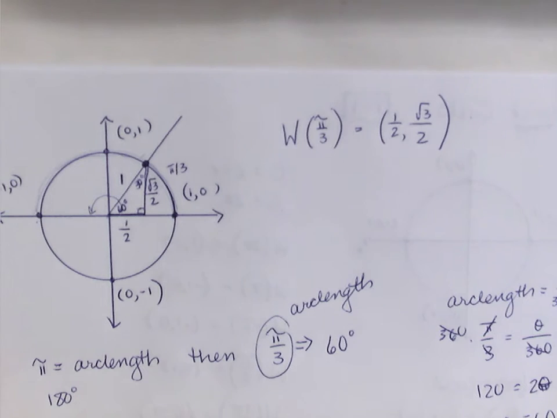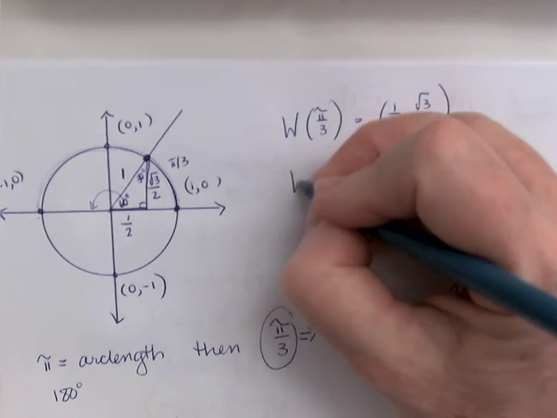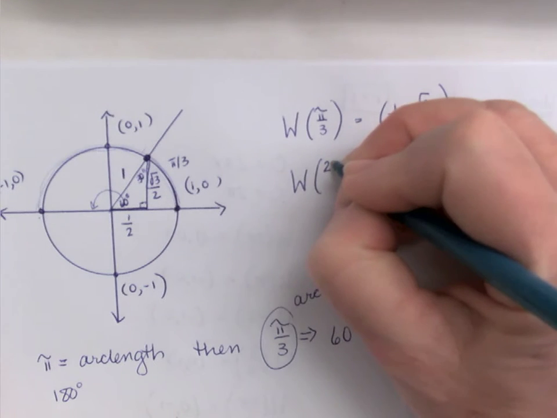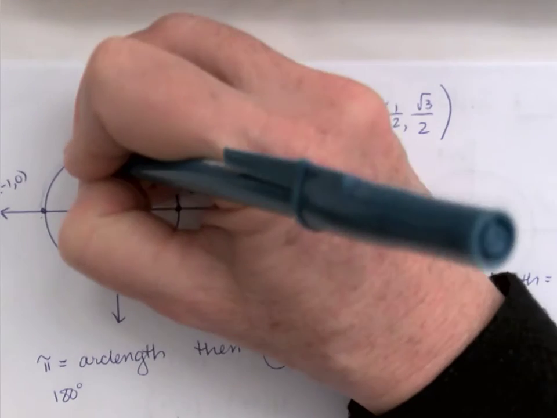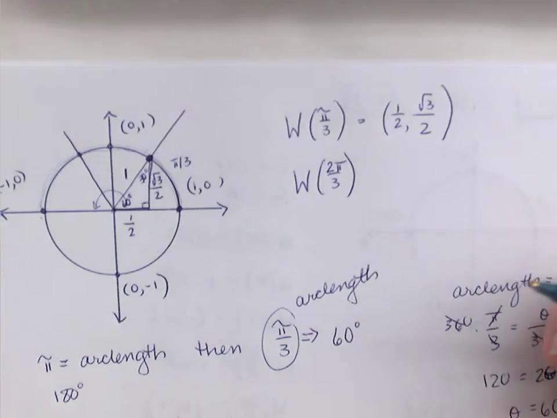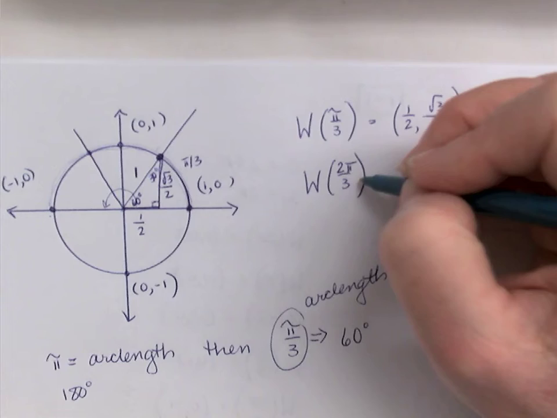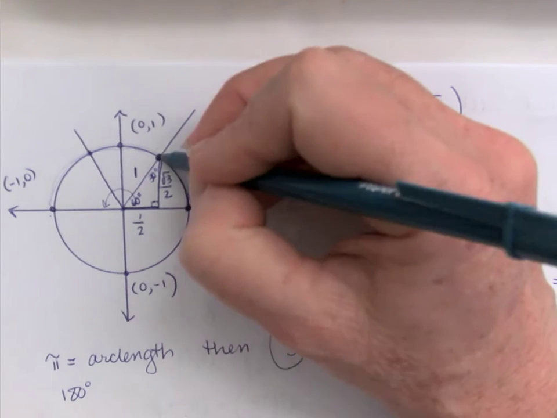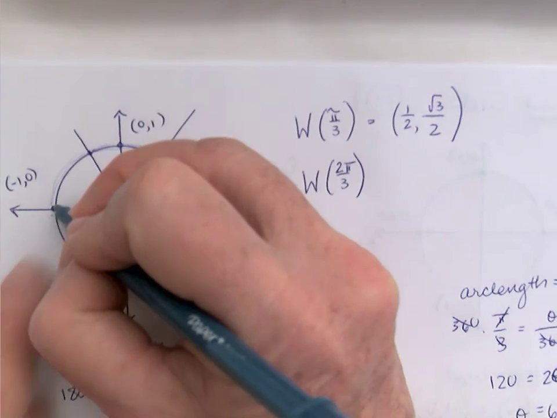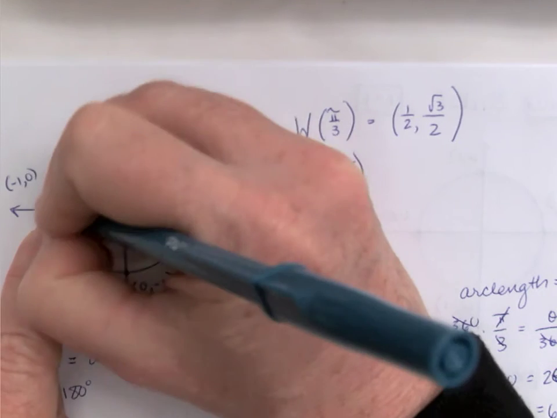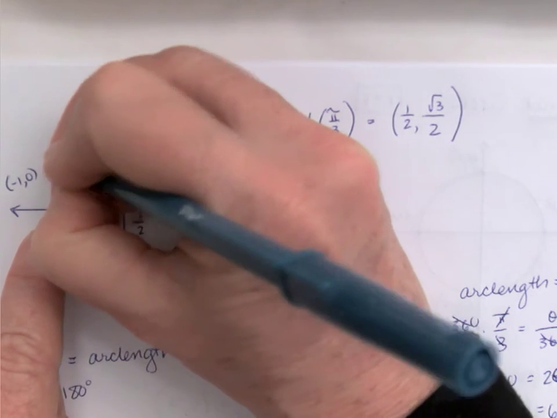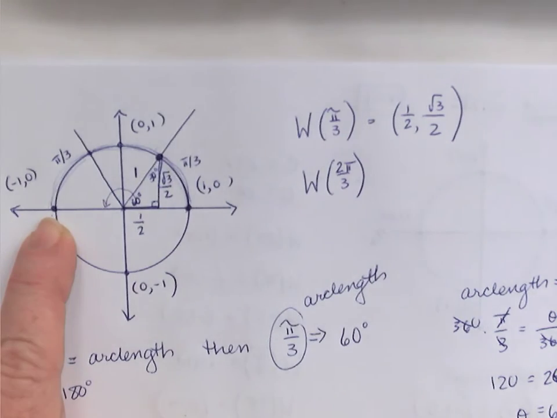If I was going to wrap 2 pi over 3, again, there are a number of ways to figure out what I could do over here. But I like to think of wrapping 2 pi over 3 as pi over 3, pi over 3. I know this point would put me at 3 pi over 3, so what I am lacking to flip all the way over is another arc length of pi over 3.